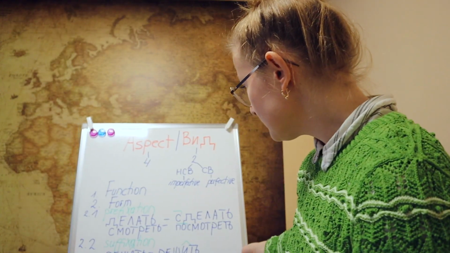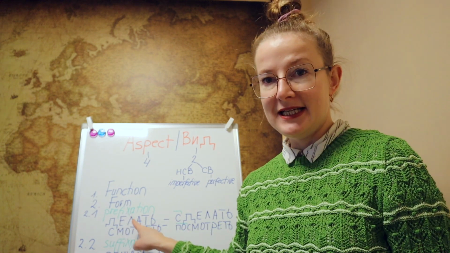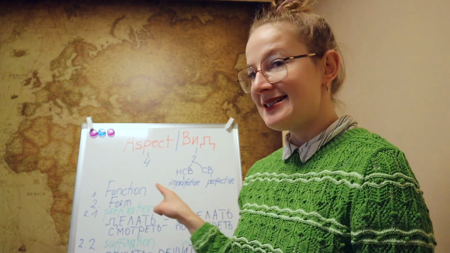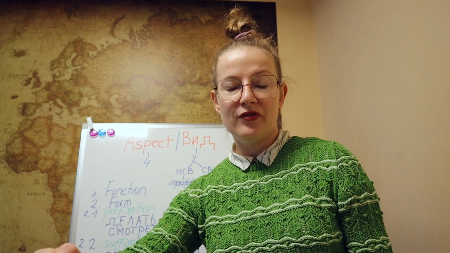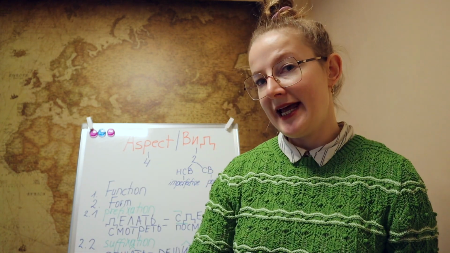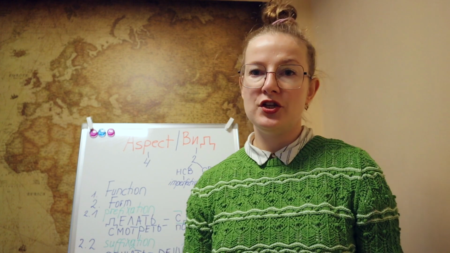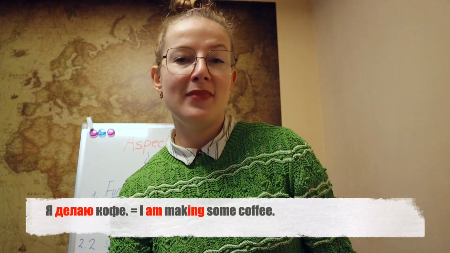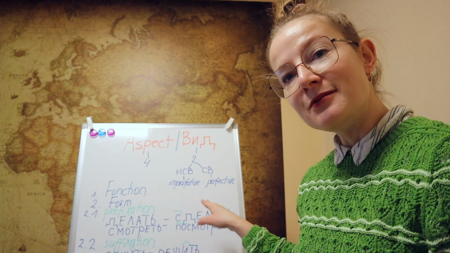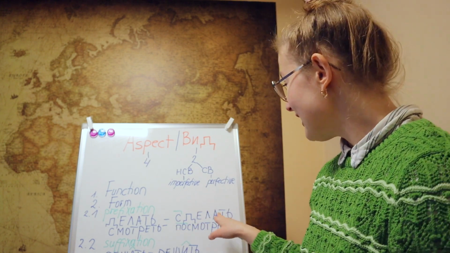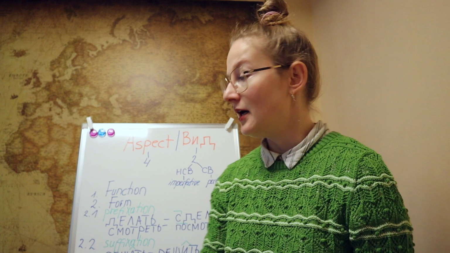Last time we were talking about делать, сделать, and I said when I was making my coffee, я делаю кофе, which would translate in English into I am making myself some coffee. And at the moment I was finished making myself a coffee, I said, я сделала кофе.